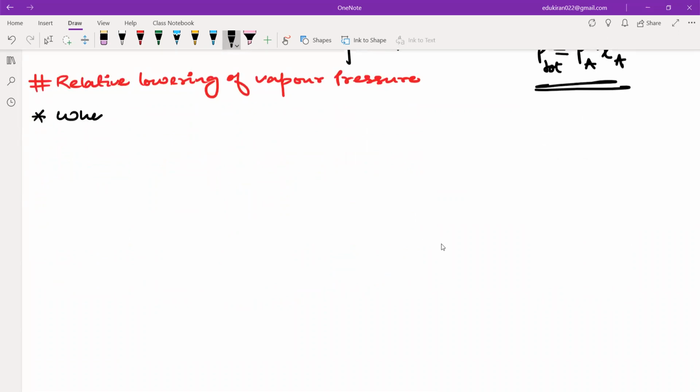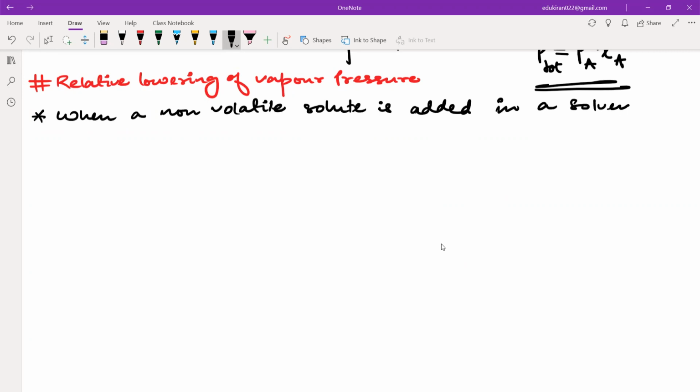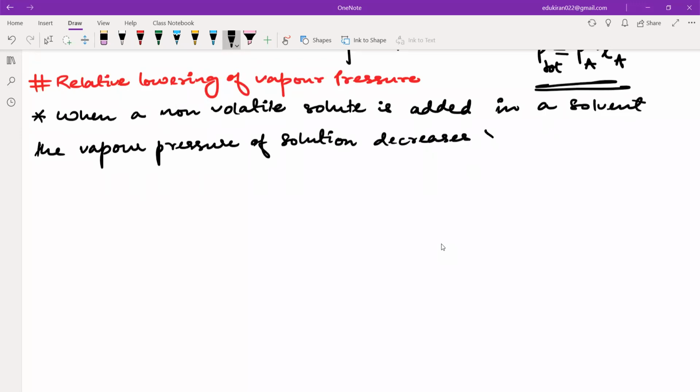Please write: when a non-volatile solute is added in a solvent, the vapor pressure of solution decreases and gets lower than that of pure solvent.